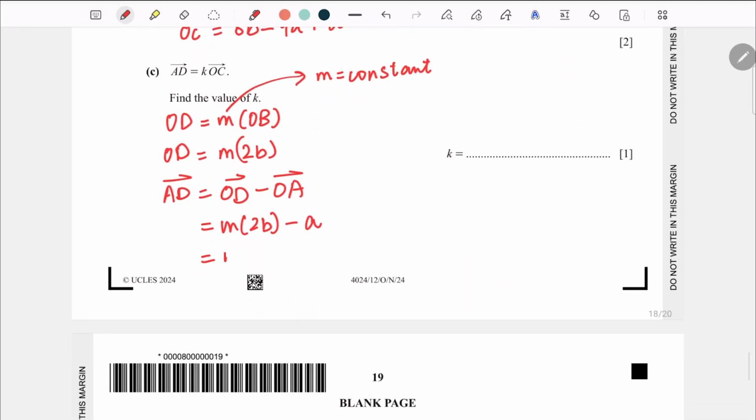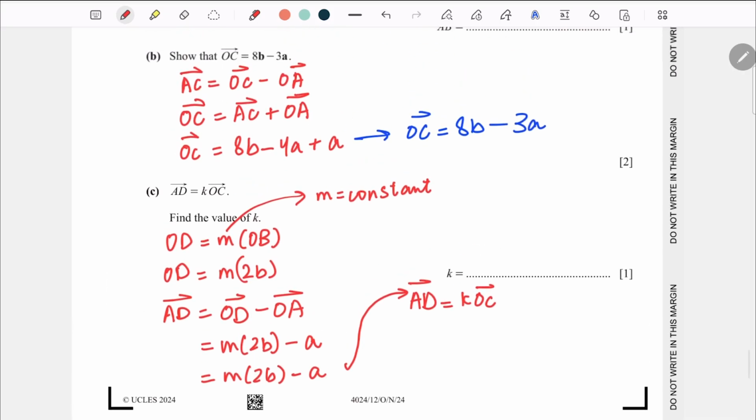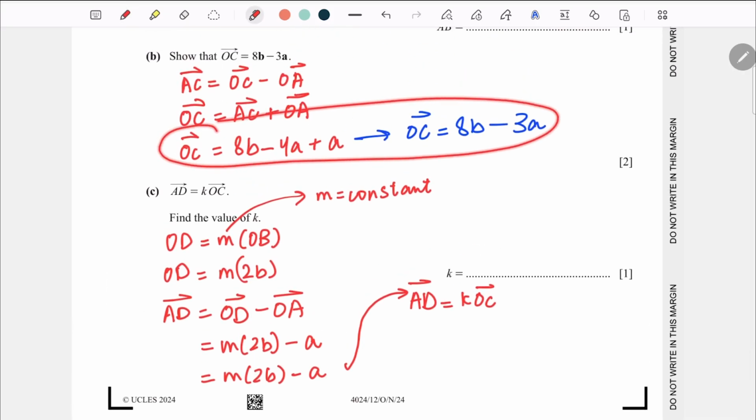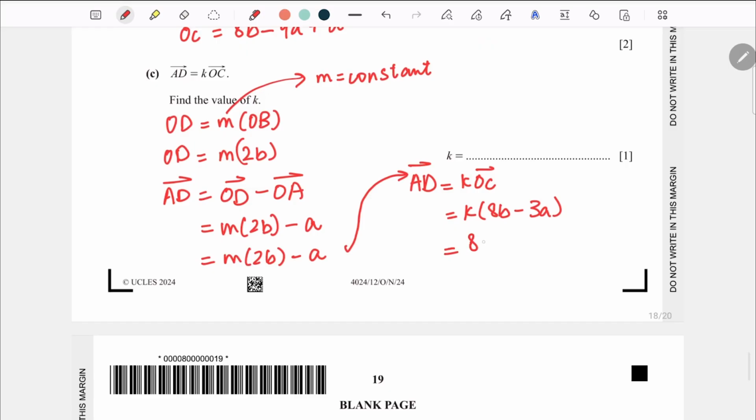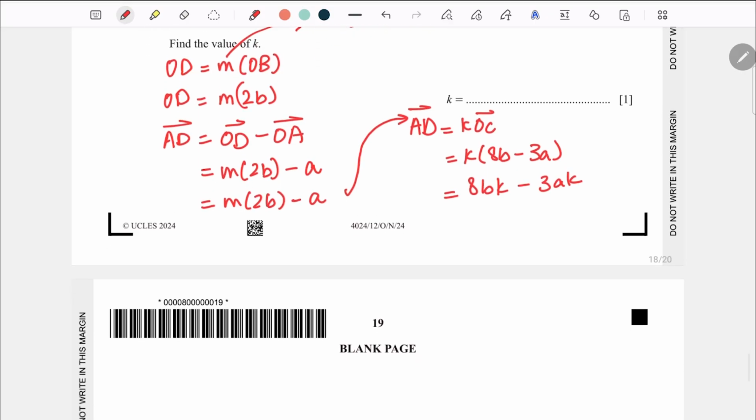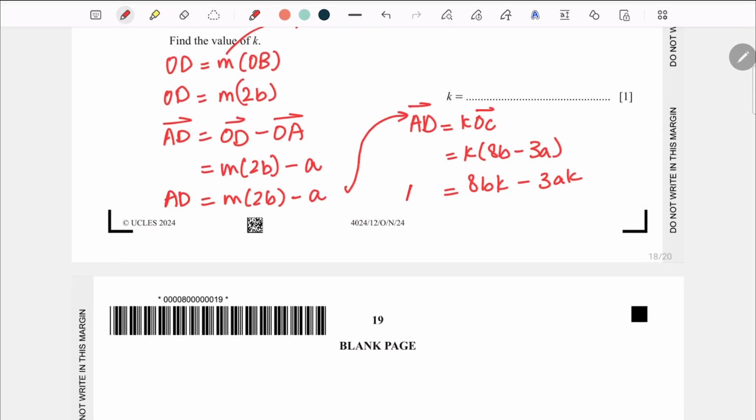So AD will be 2mb minus a. The question also states that AD is equal to k OC. OC in part b we found to be 8b minus 3a, so I'm going to copy that down. If I expand this, it will be written as 8bk minus 3ak. So we have now two forms of AD. The first form is this, and the second form is this.